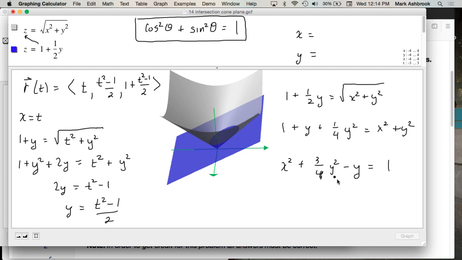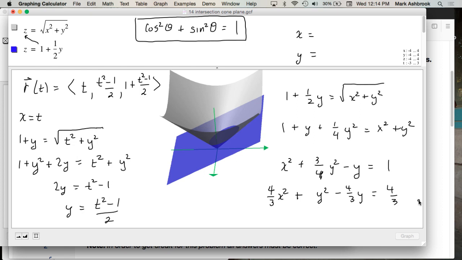Is that right? So remember, what do we have to do? We did this with spheres. Let's get rid of this coefficient of 3/4 on the y squared. So let's multiply by 4/3, because the x squared is fine, and we'll have y squared minus 4/3 y equals 4/3.